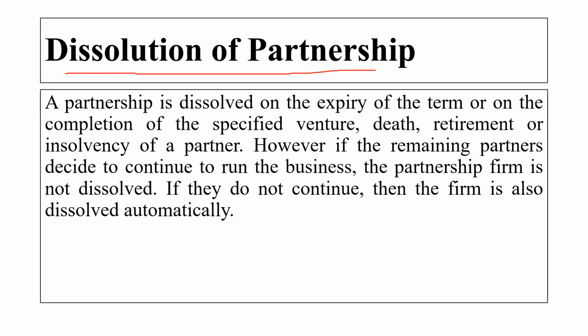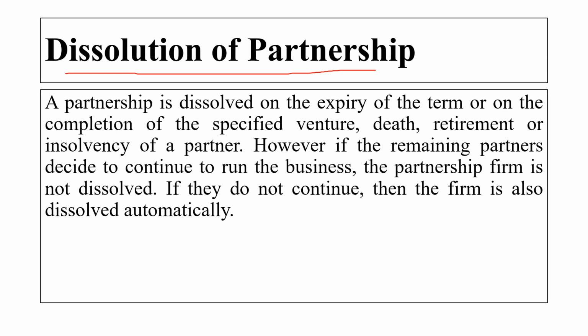When the partnership is getting wound up, or coming to an end, there may be an expiry of the term, where the agreement we have made is getting over, or the completion of the specific venture, or if a partner dies, then it can be a dissolution of the partnership, or the retirement or the insolvency of the partner.